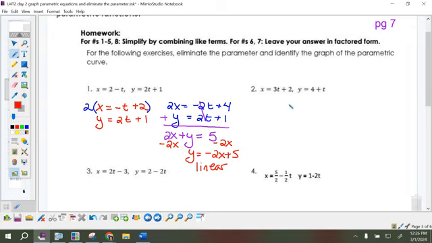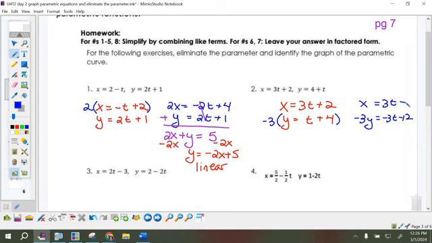All right, so for number 2, you can set this up the same way. I got to resituate my y equation. Multiply this one by negative 3, because I want to be able to add to positive 3 to eliminate the t. All right, so if I add these together, x plus negative 3y equals 4.